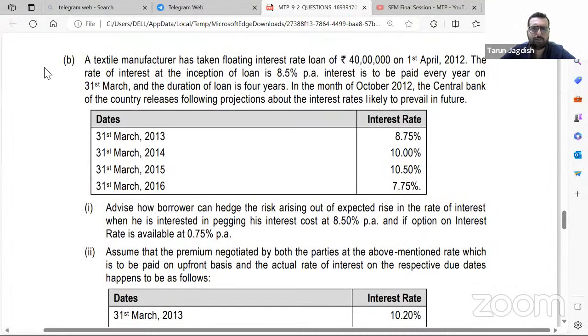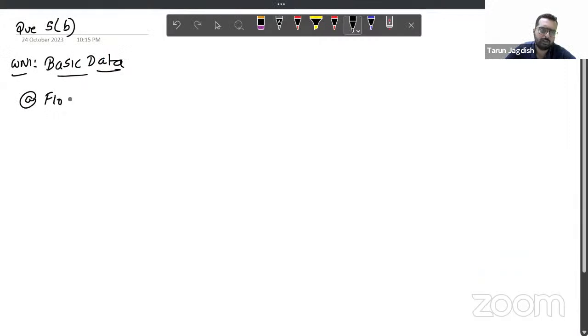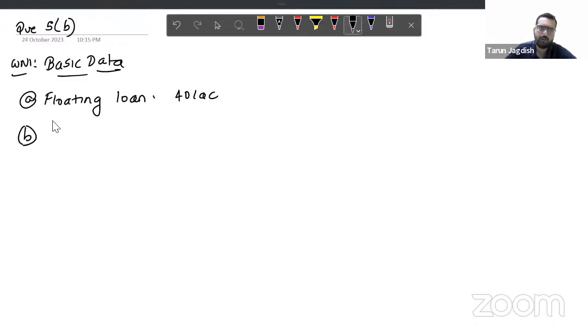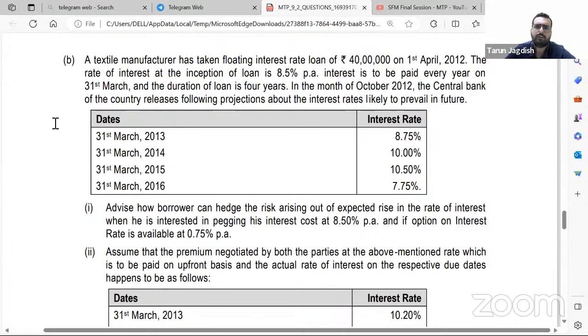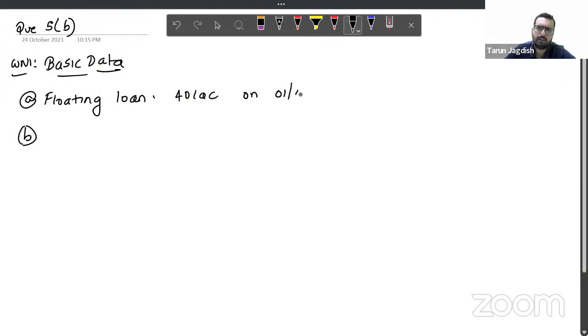Okay, a textile manufacturer had taken a floating interest rate loan of 40 lakh on 1st April 2012.